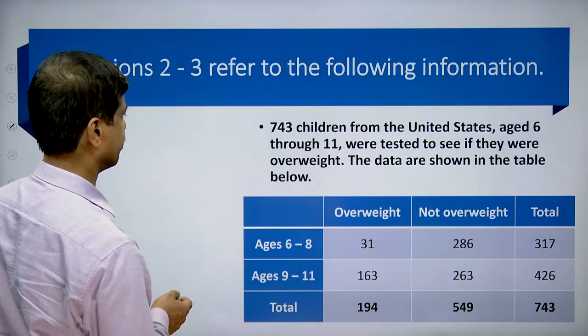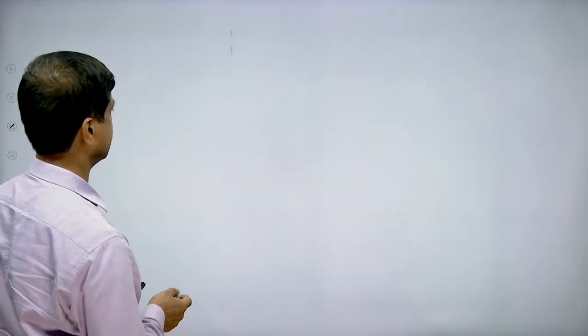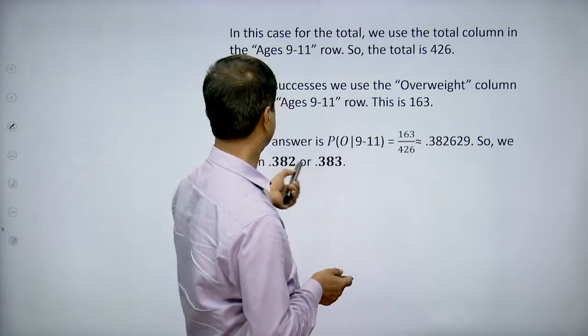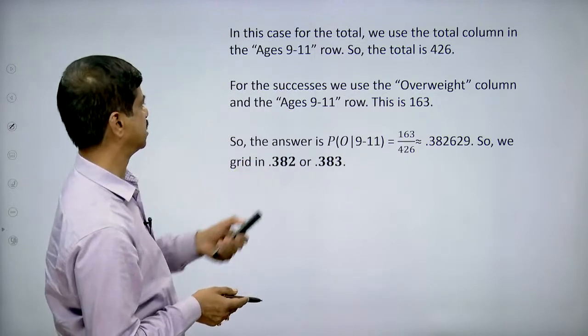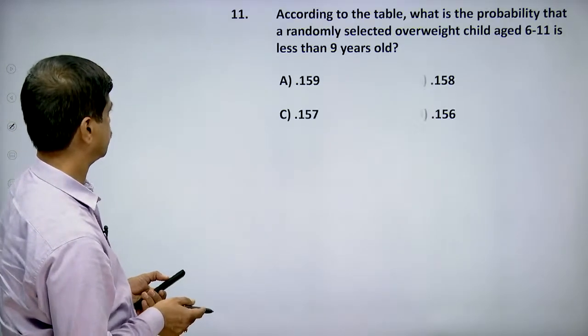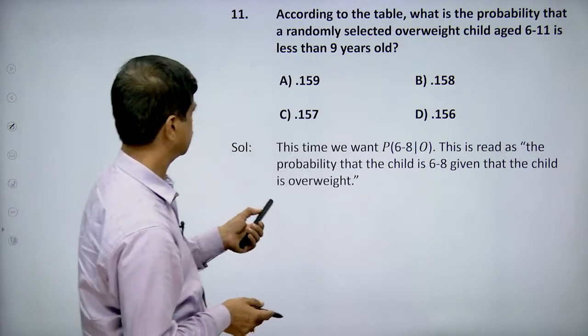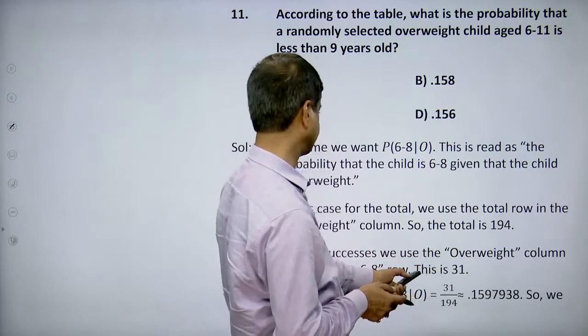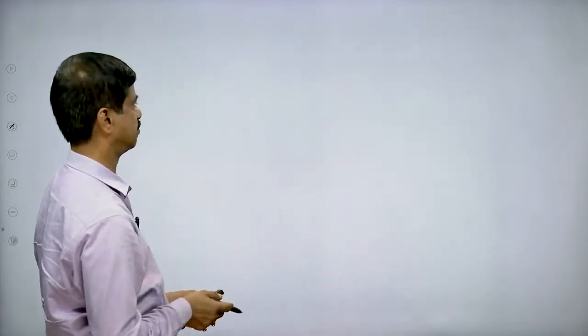31 overweight by 317. You see 31 overweight by 317, or otherwise 1 minus that 0.38.